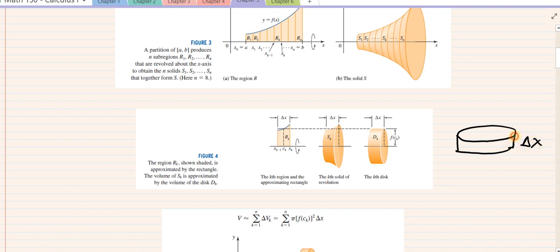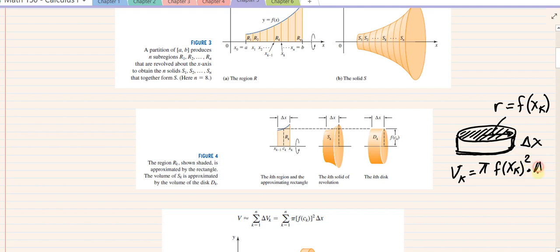And the radius of the disk is given by the function f at x sub k. True? And the way to find the volume of a disk is to find the surface area times thickness. So the volume for the kth disk is going to be pi r squared times thickness, just for one such disk.